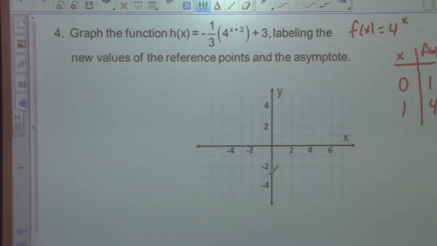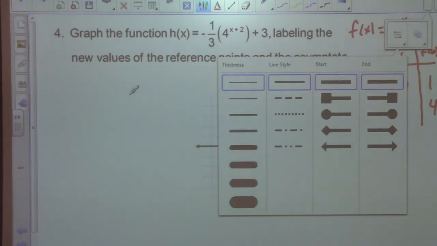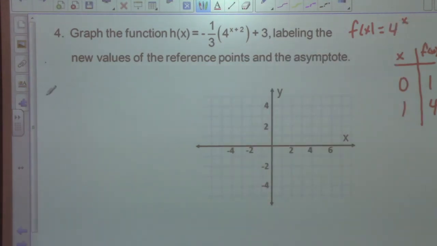Okay, now we're going to take these reference points and move them along. I'm going to start over here to the left. I'm going to get a skinny pen to leave myself more room. So we have 0, 1 and 1, 4.